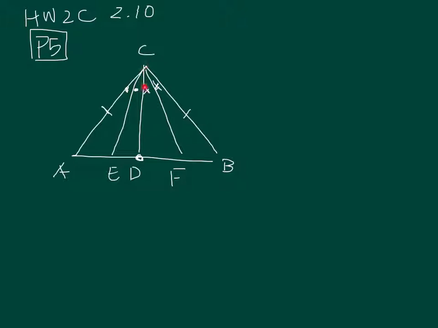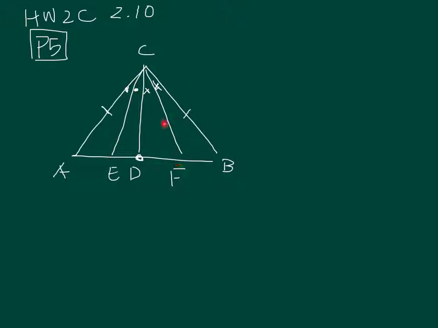So here's the hint: if you prove triangle CED and triangle CFD, those two triangles in the middle, if we can prove these two triangles are congruent, then we can tell CE is congruent to CF. Then we can start from there.